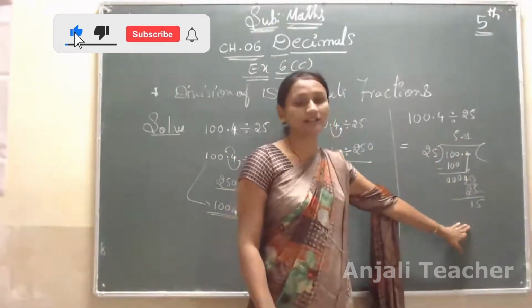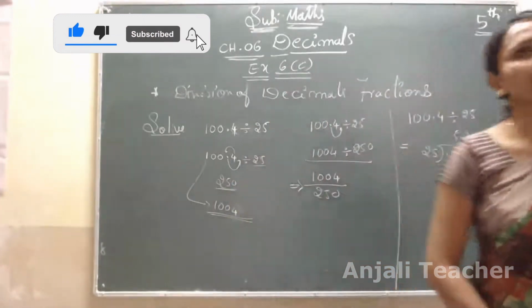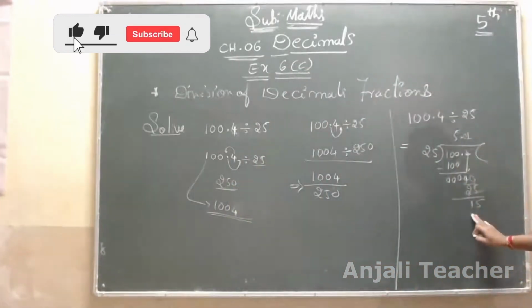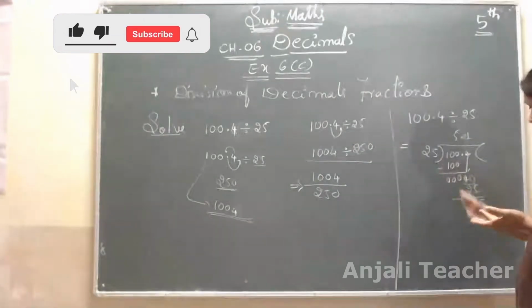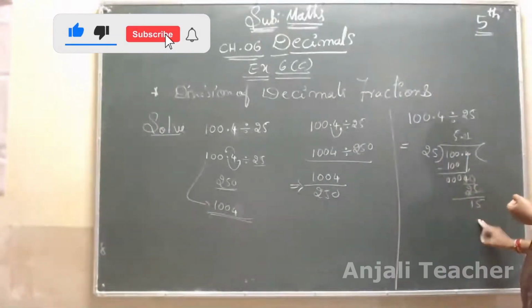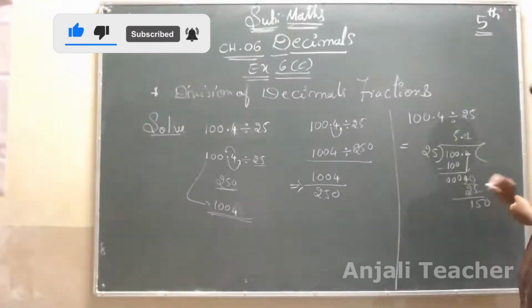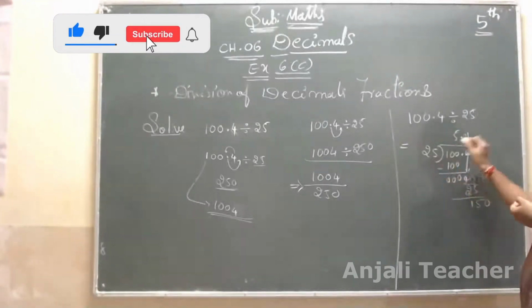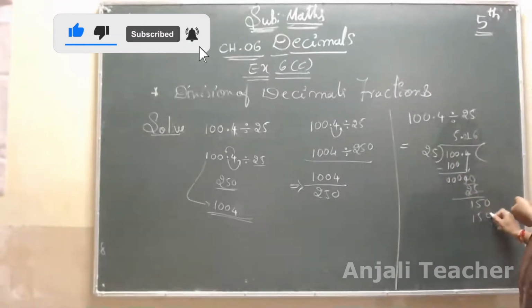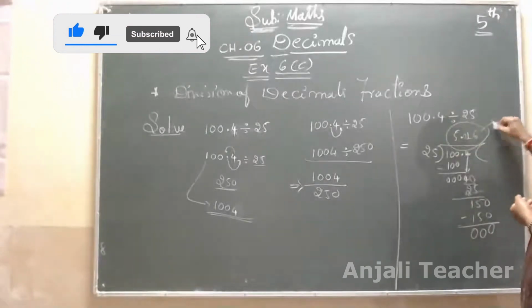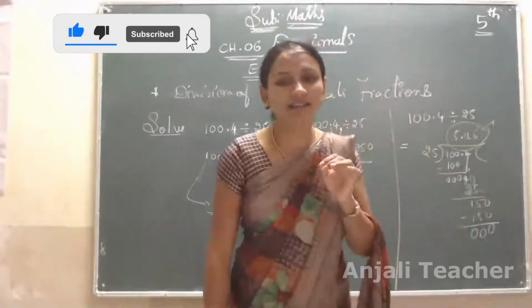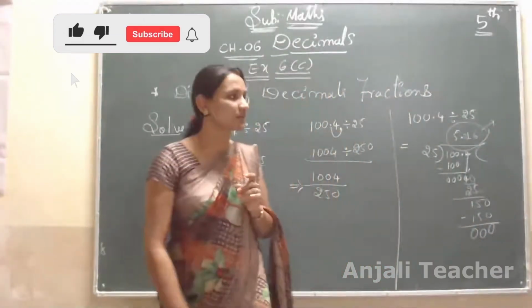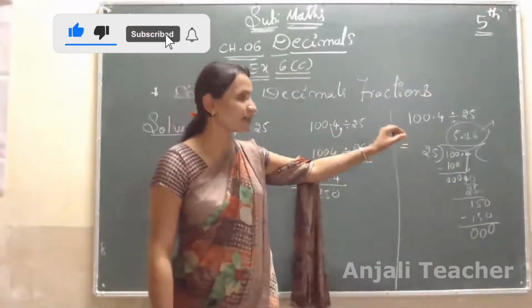Next you have to take the zeros, because 15 compared with the divisor 25 is lower, and the point is already put, so I have to take the zeros, that is 150. So 25 sixes are 150. So the value is 0. This is very important. The quotient is 5.016, that is, 5.06.